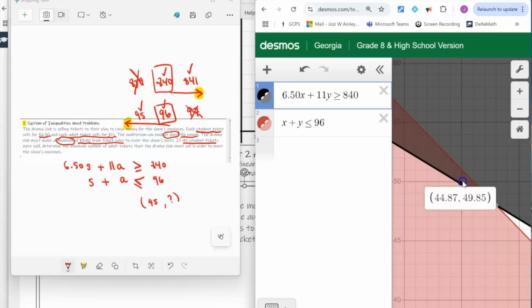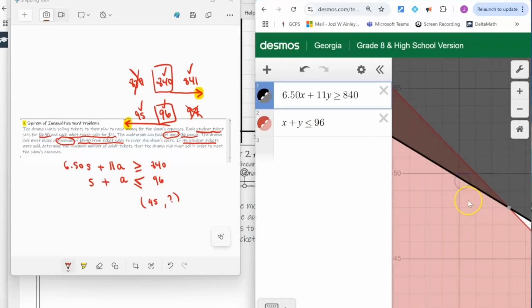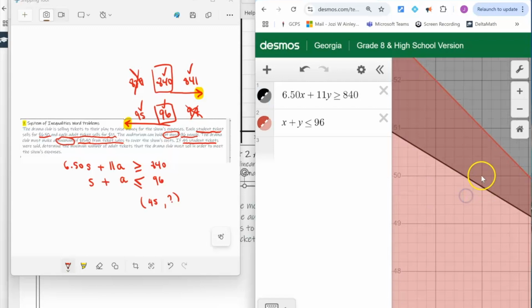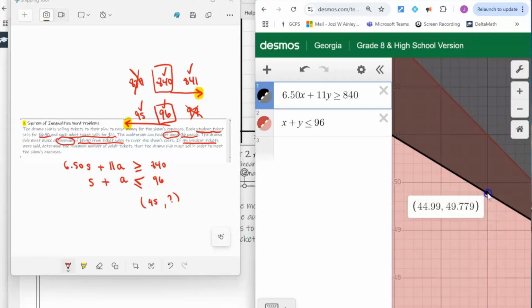I'm going to zoom in a little bit more. Here's 45. I guess it's not going to let me click, so you have to read it yourself. You cannot have 44.99. So I have to go to the next whole number, which is 50. So if I have to buy 45 tickets, then my adult tickets are 50.